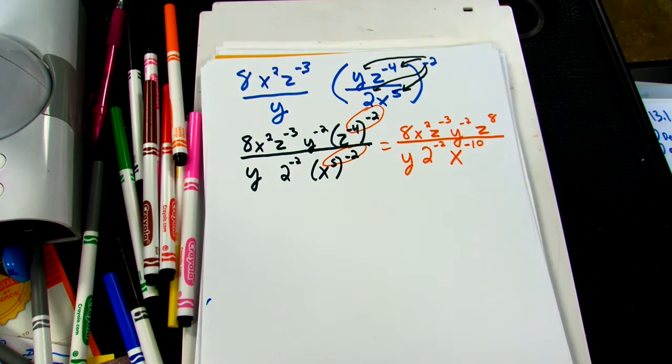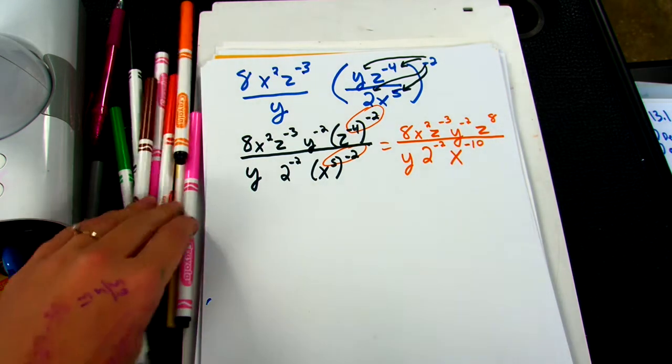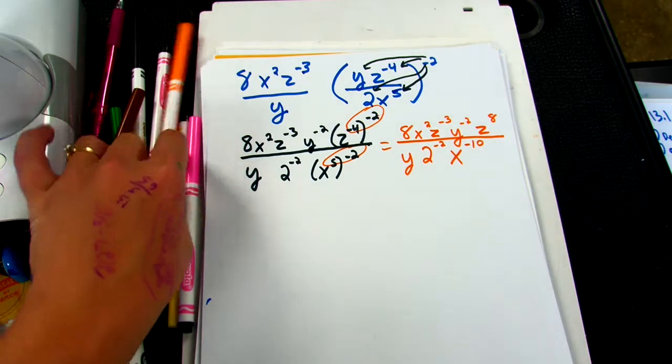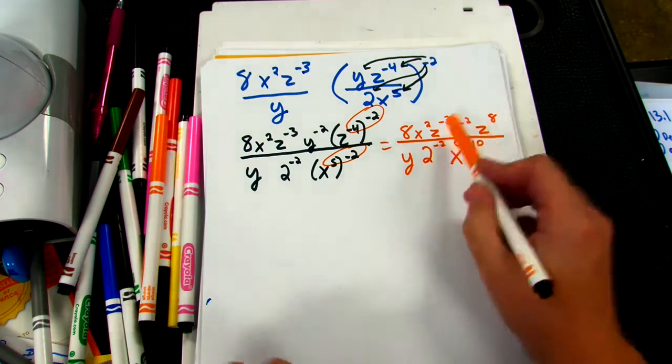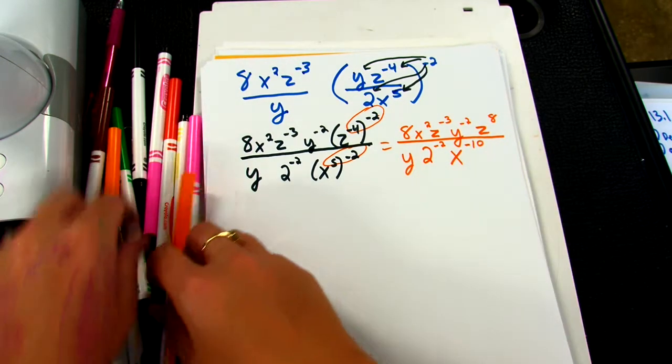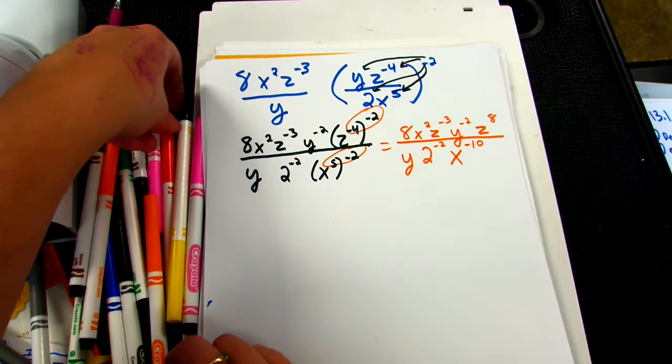Okay? So now I have to see if there's anything that I can use my product property on, right? So let's see, product property, there's a z and here's a z. So we'll go ahead and add those z's together, right? So let's go ahead and do that.